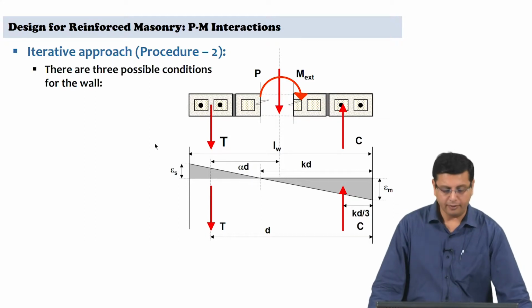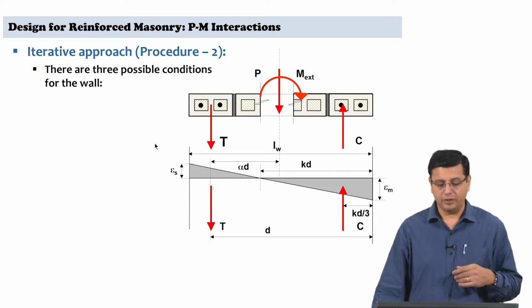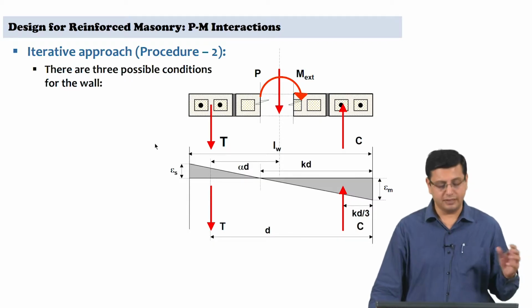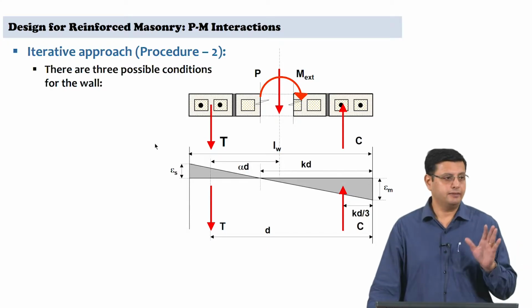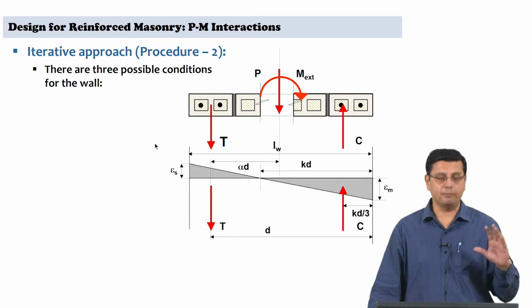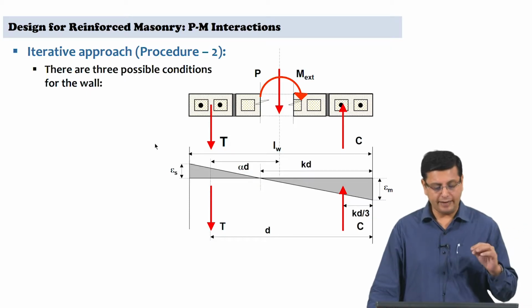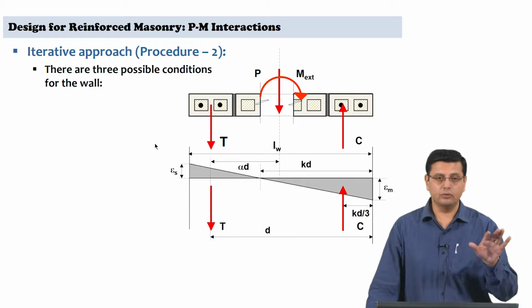So basically, as we've been examining with the PM interaction curve development itself, you know that there are broadly three possible conditions that the combination of P and M, the applied axial force and the external moment acting on the wall, can take the wall to.